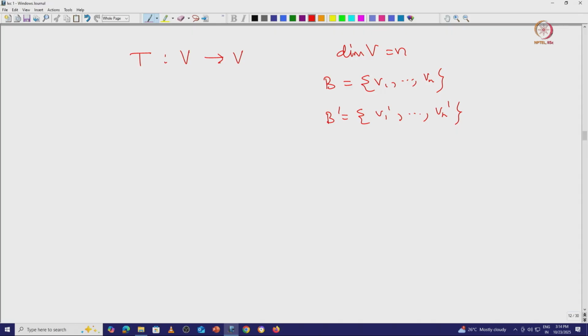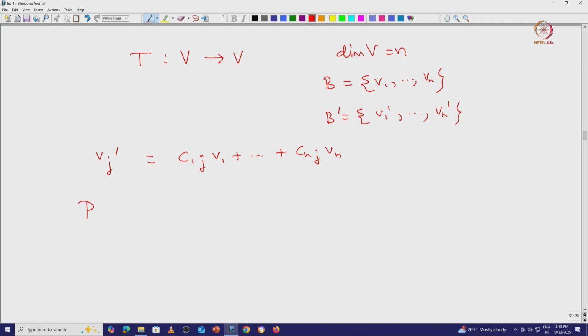We take this Vj dash and write it in terms of the old basis, as C1j V1 plus etc. plus Cnj Vn. These coordinates Cij are recorded in a matrix, called the change of basis matrix from B dash to B.